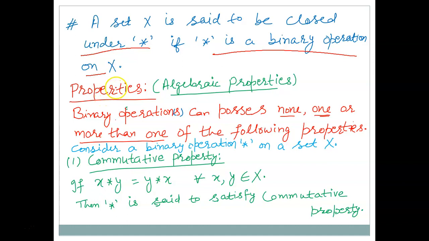Now some properties, called the algebraic properties of binary operations. A binary operation, or two binary operations, can possess none of these, or one of these, or more than one of the following properties. Now consider a binary operation star on a set X. First we talk about the commutative property.